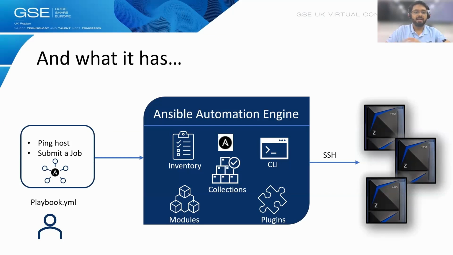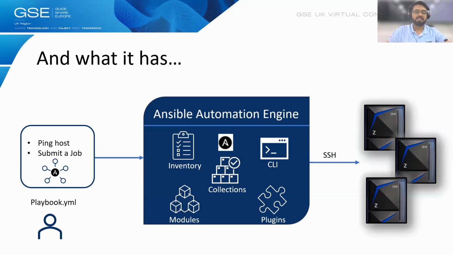On the left side there are a couple of items that you can generally do from Ansible. It is just a basic example to see what and how it can be done using Ansible on the mainframe. The left side is a playbook that has certain tasks to do, like pinging your mainframe server to check whether it is up and running or not.